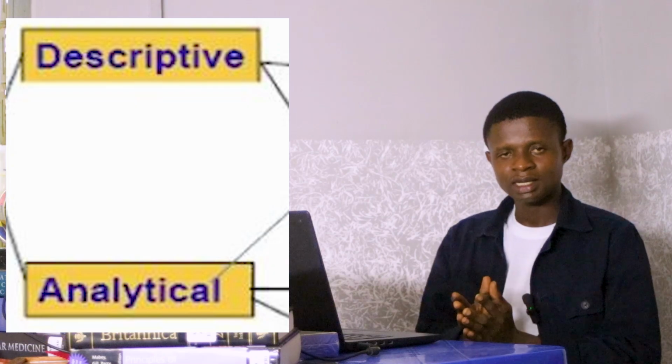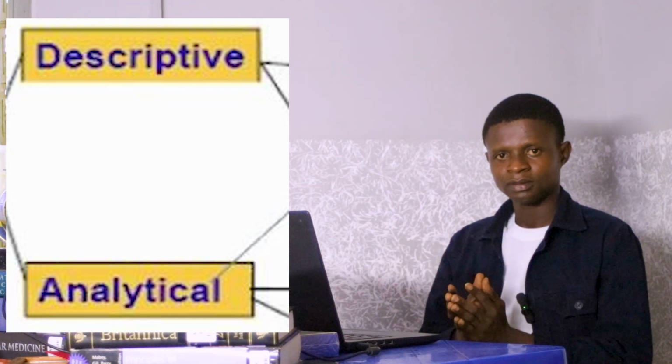So under the observational study, we have two types. That is the descriptive study and then the analytical study. So at the descriptive study, you will just present your data according to person, place, and time.